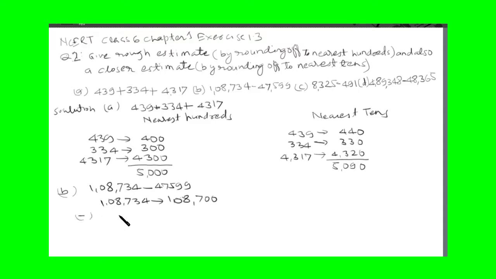And 47,599 is rounded to 47,600, as 599 is more close to 600 and not to 500. And on subtraction we get 61,100.